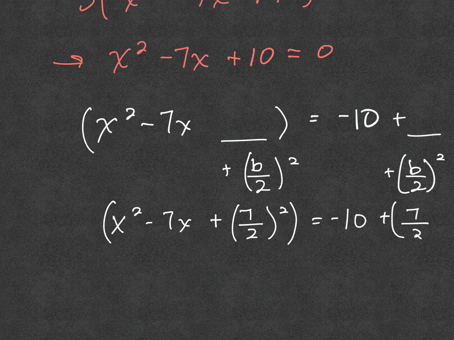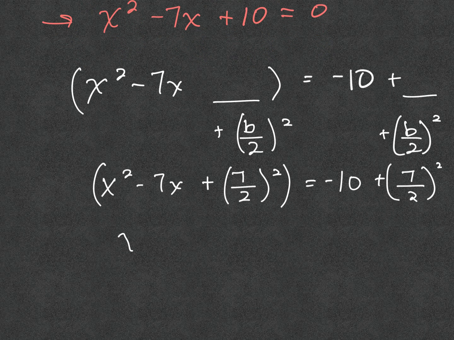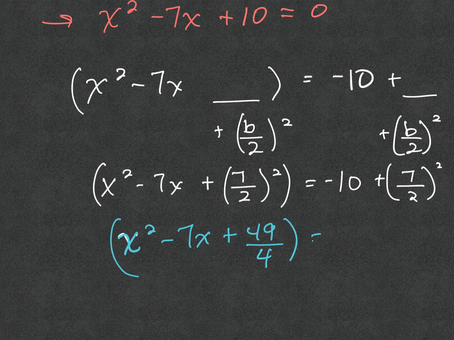Okay, so when we do that, we get x, and I'm going to do this in blue, blue is a better color, squared minus 7x plus 49 divided by 4 equal to negative 40 over 4 plus 49 over 4.